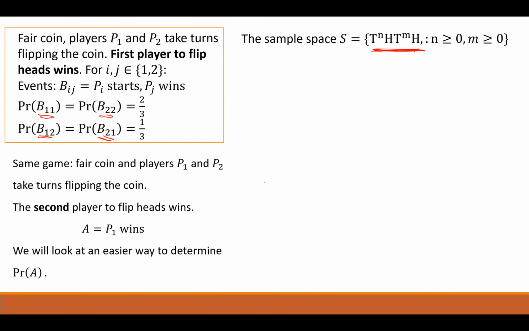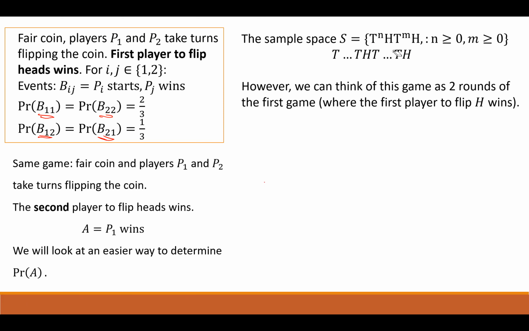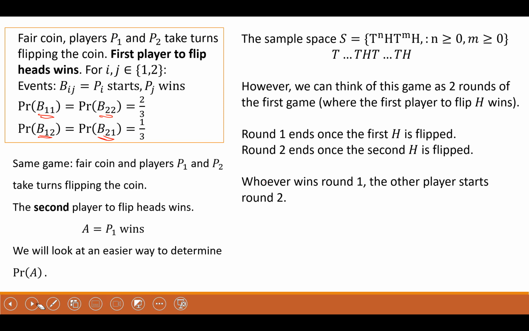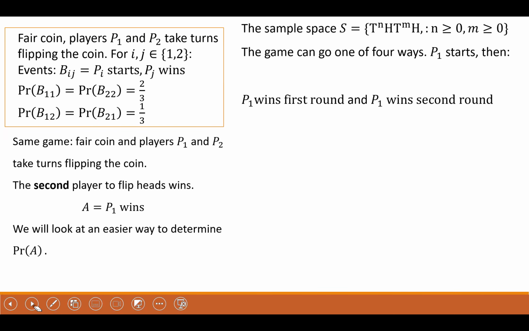So for instance, I have 2 rounds now. Round 1 ends when the first head is flipped, and round 2 ends when the second head is flipped. And I know that whoever wins round 1, the other person starts round 2, right? Because we keep switching until the second heads comes up.